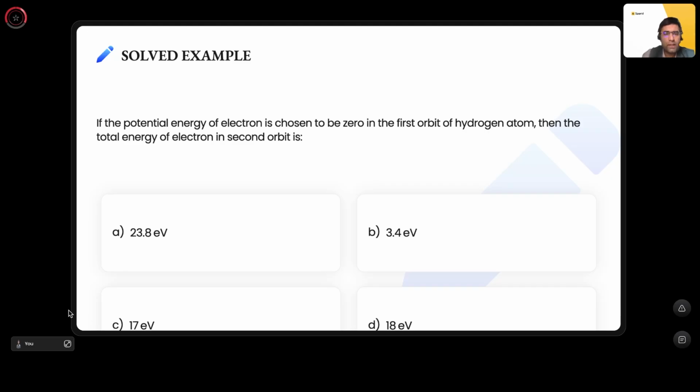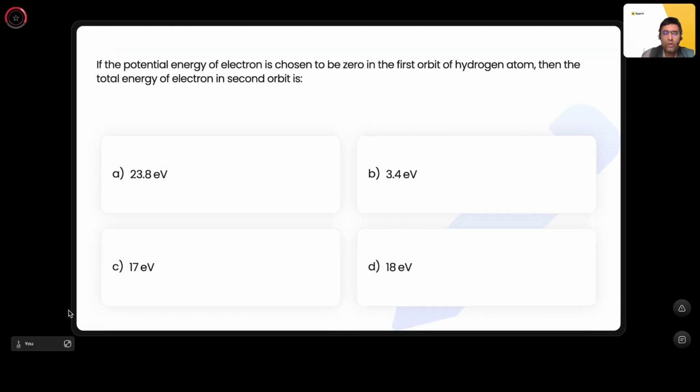If the potential energy of an electron is chosen to be zero in the first orbit of hydrogen atom, then the total energy of the electron. So let's see how it is. This is a very important question. Such questions have been asked before. So the total energy over here is minus 13.6, minus 3.4, and the potential energy is twice the total energy.